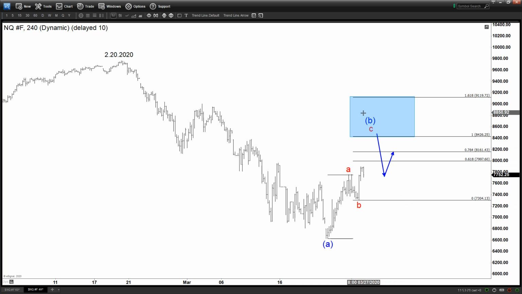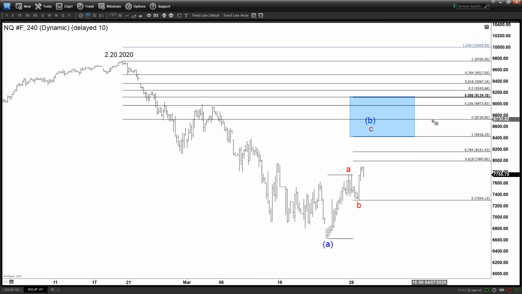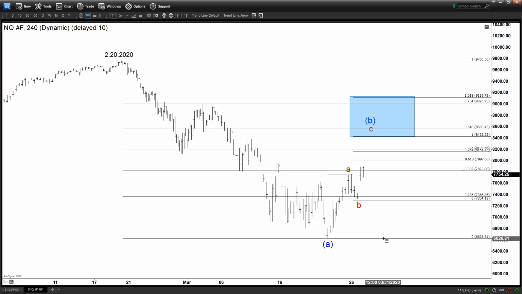All right, now you can also use the retracement from this peak just to double check this area here. Now you notice here we got also this area that a lot of people are also watching, usually in the 50% retracement area.